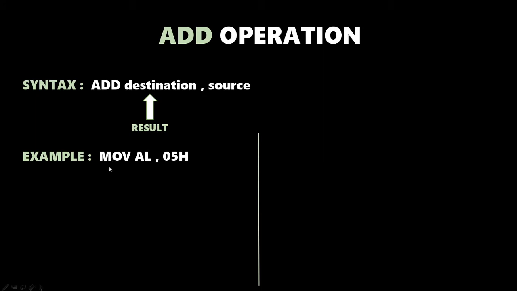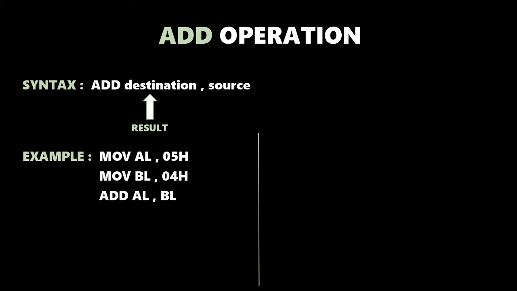Suppose we give an instruction MOV AL, 05H. This will store the value 05H in our AL register. We discussed the move instruction in the last video, so if you have not seen it, please go and watch it. The next instruction we give is MOV BL, 04H. This will store the value 04H in our BL register.